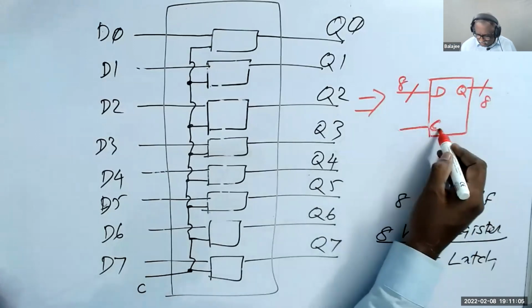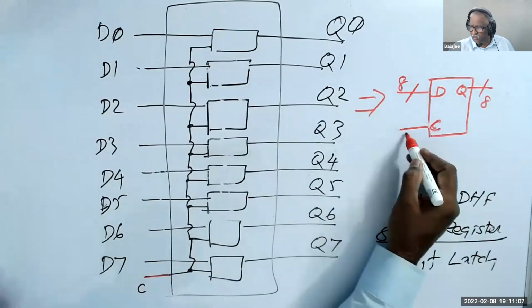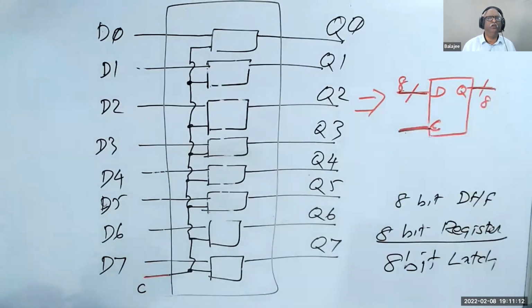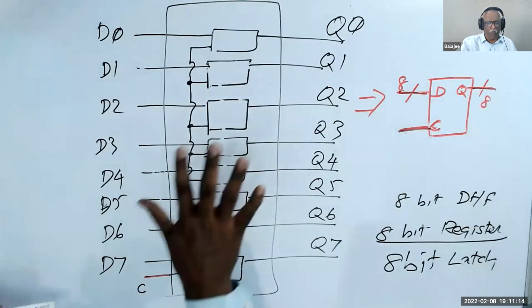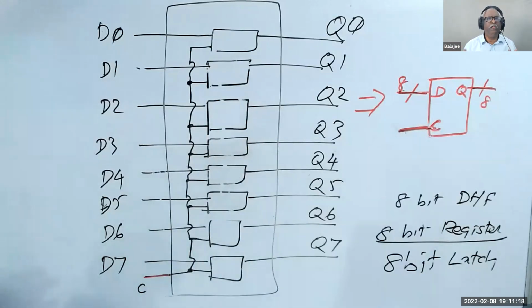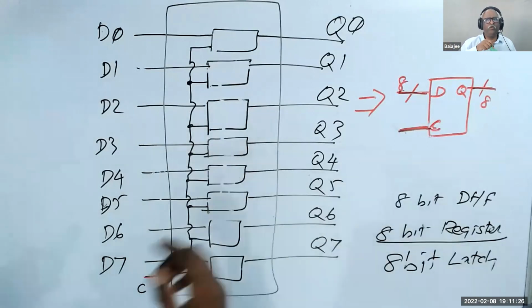There's only one C. That is written only once, no slash. But D and Q are 8 bits wide. That means forget about the internal drawing. Now you know that these two are the same. If you have any doubt, you can ask me now, before we proceed further. This is called 8-bit; all are the same. You may call it whatever name.